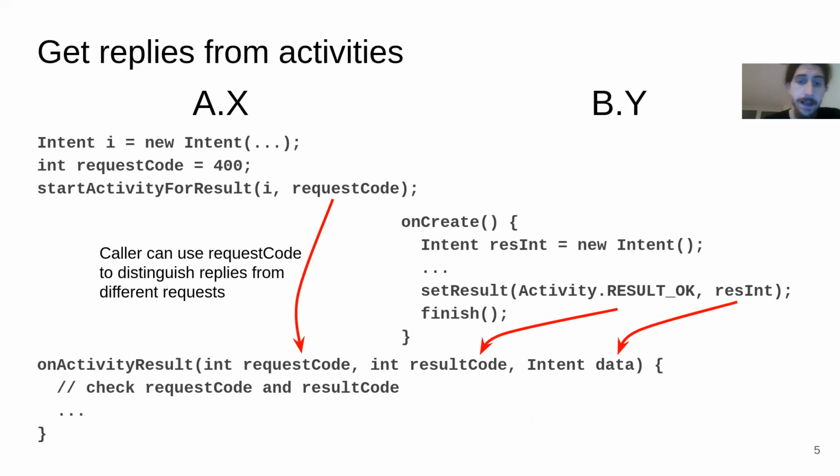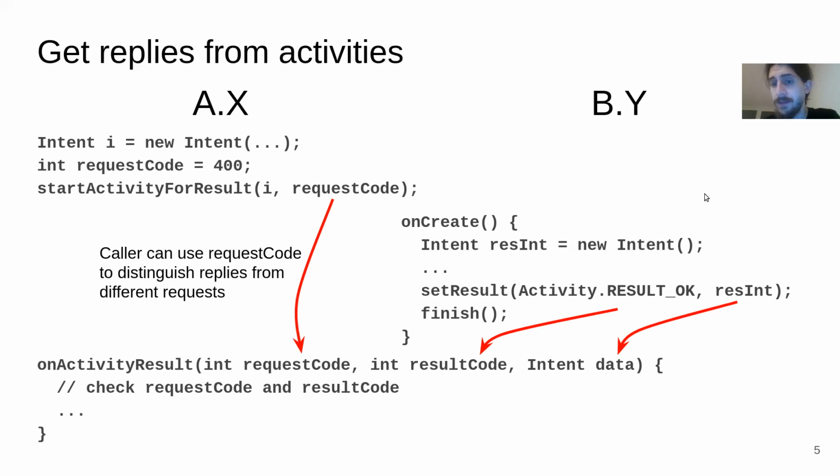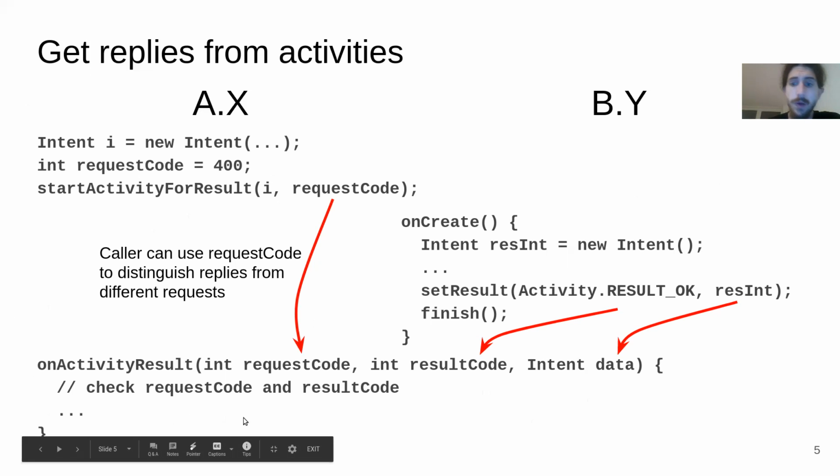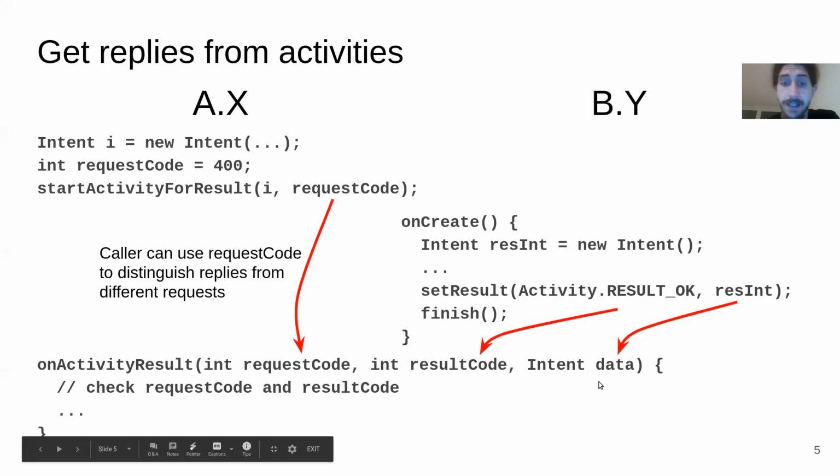Now I want to explain why you need this request code or result code or data and so forth. First of all, let's start with the data. The data is the intent that the target activity has created. So this callback will be able to access the intent that the target activity created by accessing this data intent. That's very simple. And then the confusing part, you have 2 codes, request code and result code. Result code is actually not that difficult.